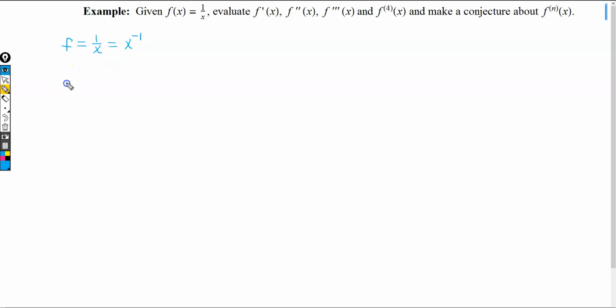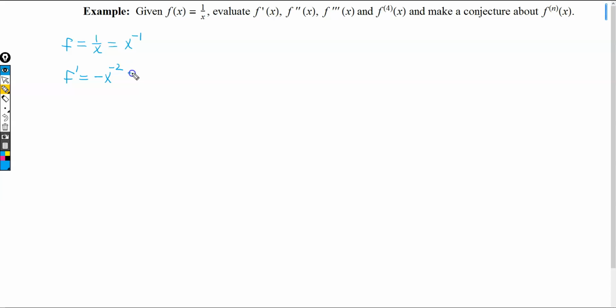Now our first derivative, by writing it as x to the negative 1, we don't have to use the quotient rule here, right? Makes it a little easier to differentiate. So the derivative of this is going to be negative x to the negative 2. We drop the negative 1 down, subtract 1 from up here, and we get this.